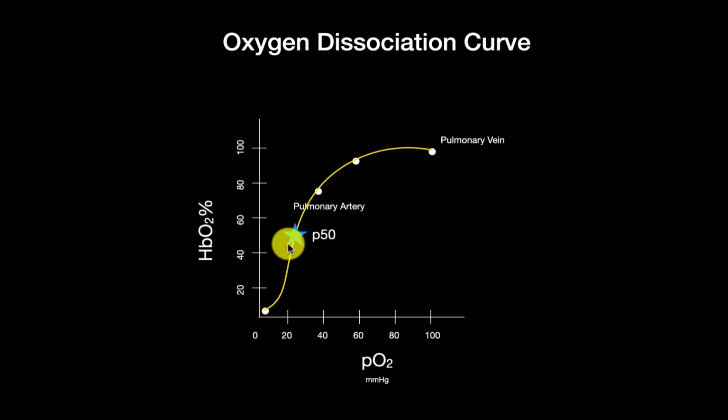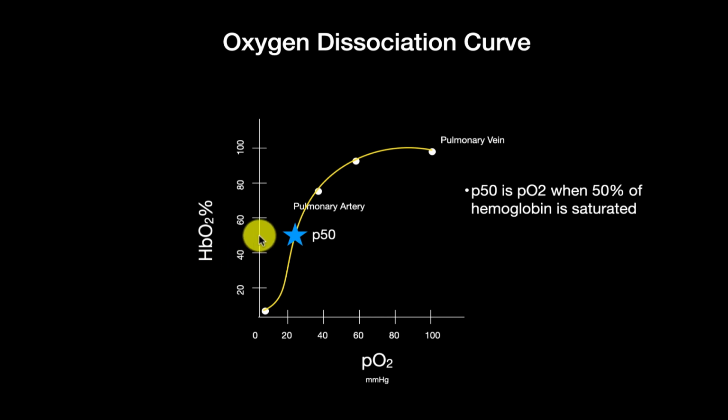What about this P50? What is P50? Well, P50 is not some magical number. P50 is simply the partial pressure of oxygen when 50% of the hemoglobin is saturated. I'll show you here, right here. Here's 50% of the hemoglobin is saturated. I go out here, and then I go down, and my P50 for this hemoglobin dissociation curve is what?